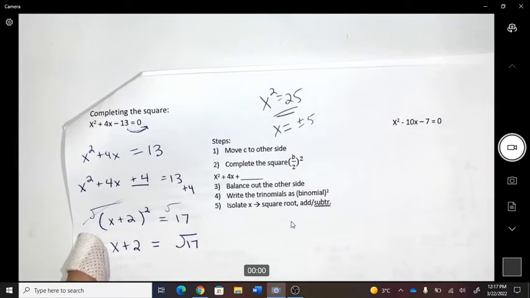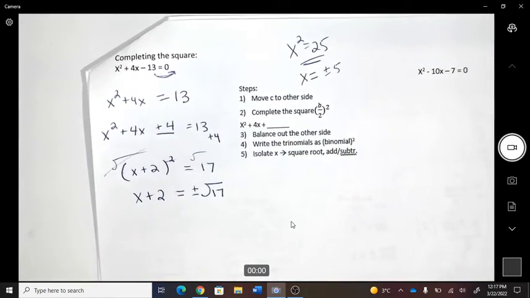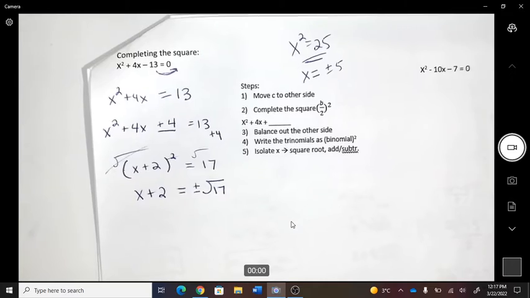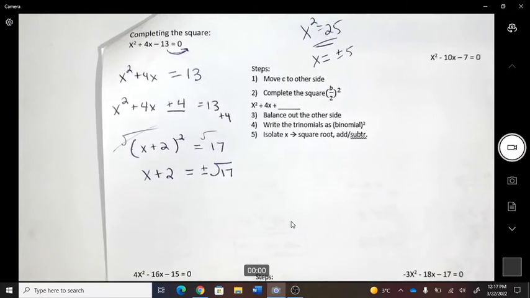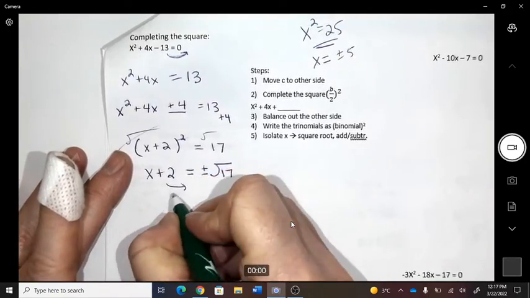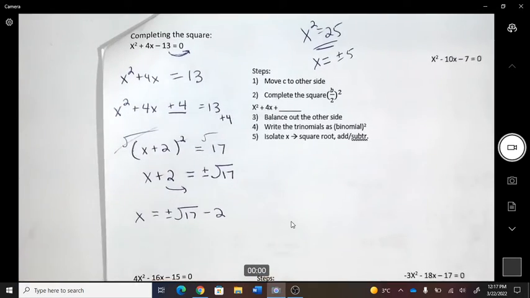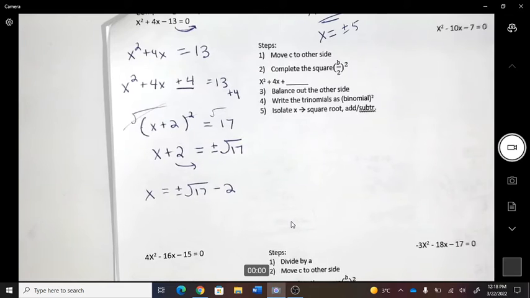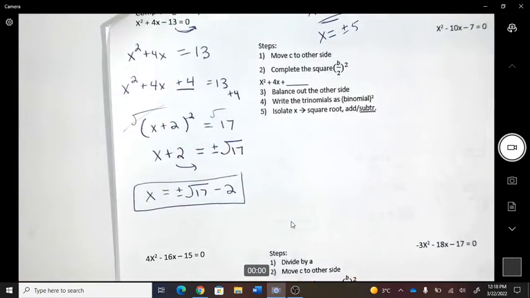Plus or minus the square root of 17. And then one last thing to get x alone. Normally I want you to just leave it, and that would be your answer.